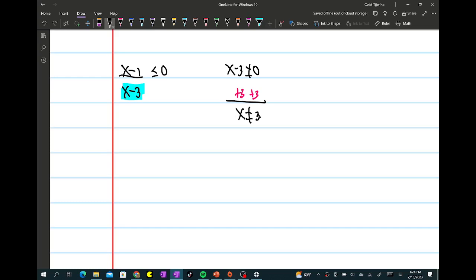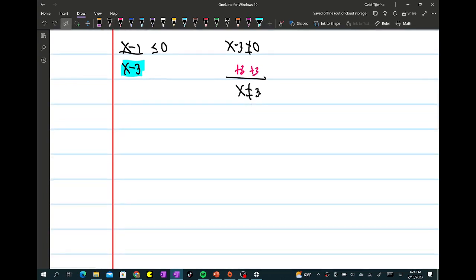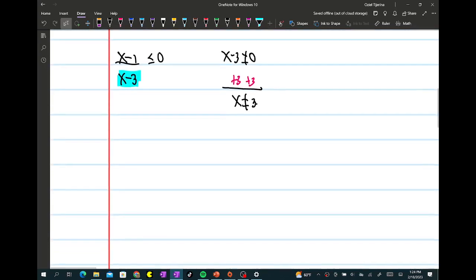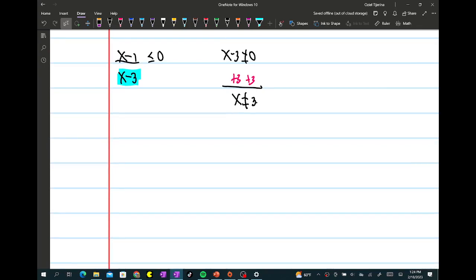Another thing is, since the numerator can be equal to 0, we know that x minus 1 can be equal to 0, so if we add 1 to both sides, x equals 1 is going to be included in the interval.